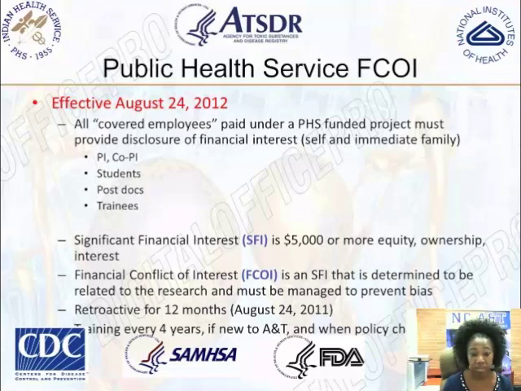Financial conflict of interest is a significant financial interest that is determined to be related to the research and must be managed to prevent bias. You have to take training initially upon funding, and then every 4 years, or if you are new to A&T, or if the policy changes.